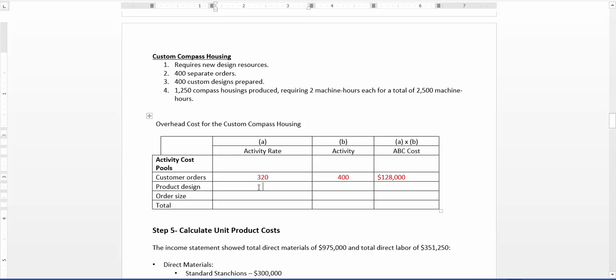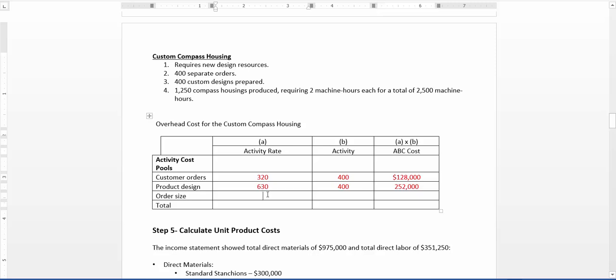Our product design rate was $630 per design, and we have 400 custom designs. So we're going to multiply 630 by 400, and that's going to give us 252,000. Line up my numbers there.